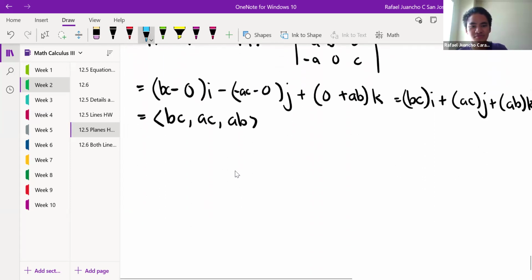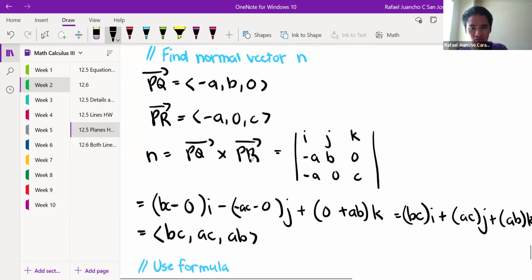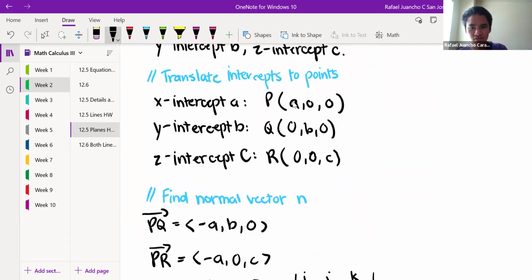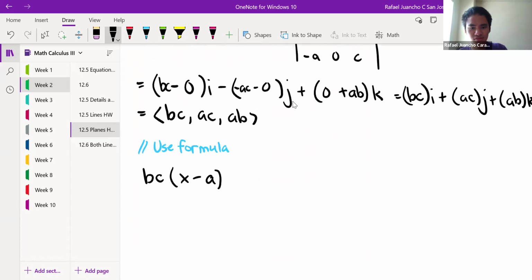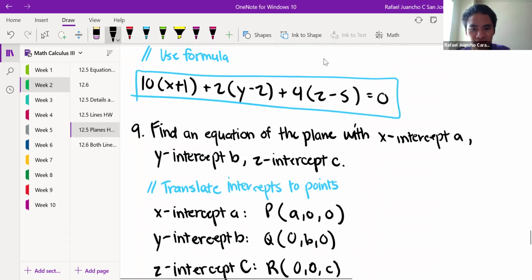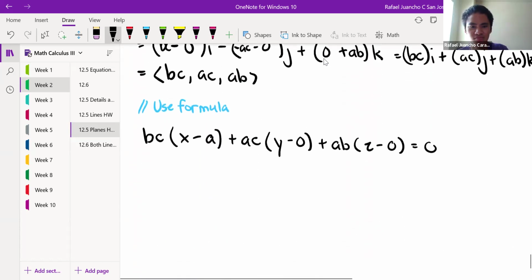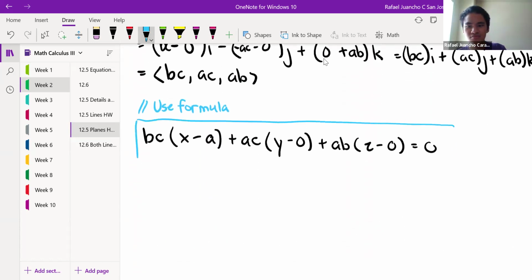And now we just use the formula. So again, it's just letters. So BC times x minus our initial point A, plus AC times y minus 0, plus AB times z minus 0. And there you have it. We have our equation of the plane with 3 points.